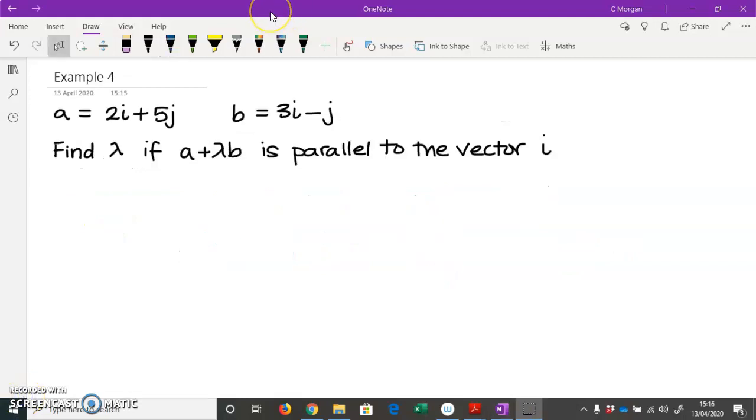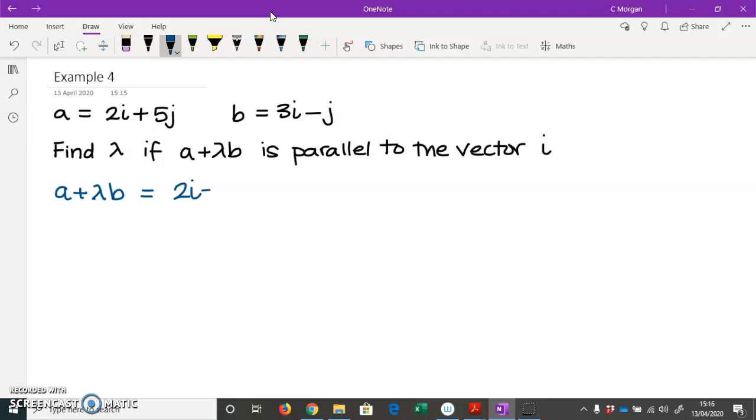Example 4 is a slightly more tricky example. Having been given 2 vectors, a and b, I've got to now find lambda if a plus lambda b is parallel to the vector i. So I think what I'm going to start doing is write an expression for a, add lambda b, where lambda is just a scalar multiple of vector b.